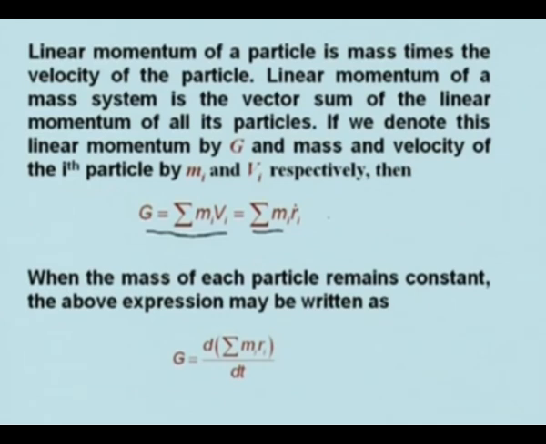Now, when the mass of each particle remains constant, this expression may be written as G equal to d sigma mi ri divided by dt. So, mi can come outside and it becomes the same previous expression.